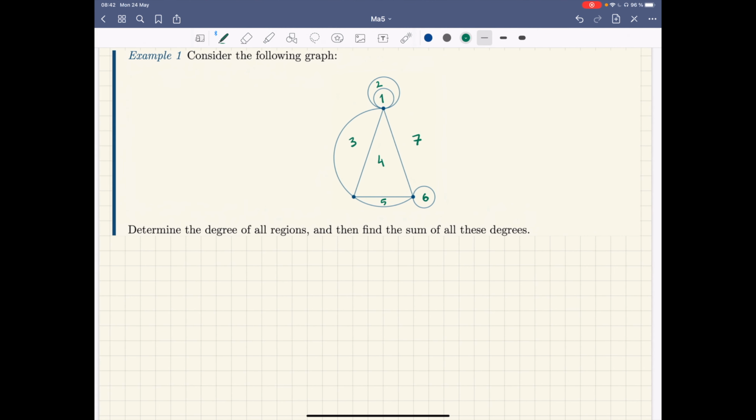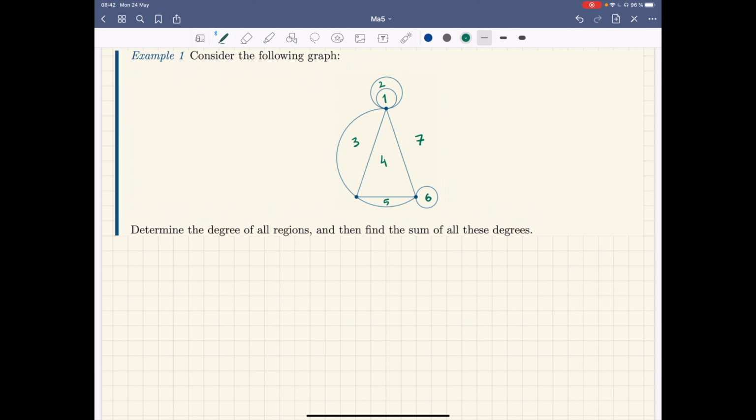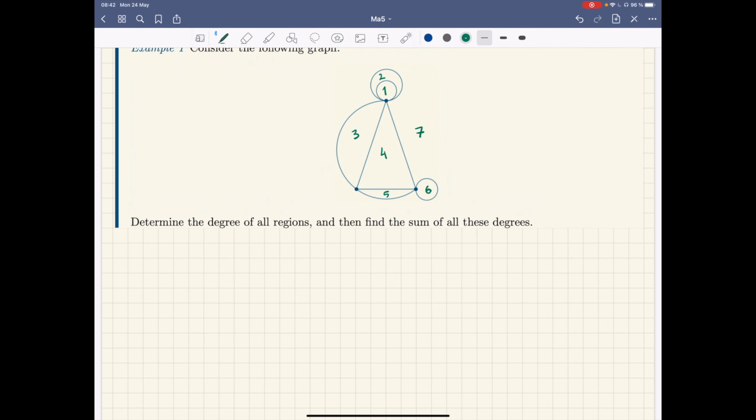Agree? And now what we do is this. Let me do this one by one. When we say degree of the region number 1, I mean go to this and count the number of edges which restrict that region, or count the number of edges on the boundary of that region. So this is the region, and how many edges do you see on the boundary? There is only one edge, and that is the loop.